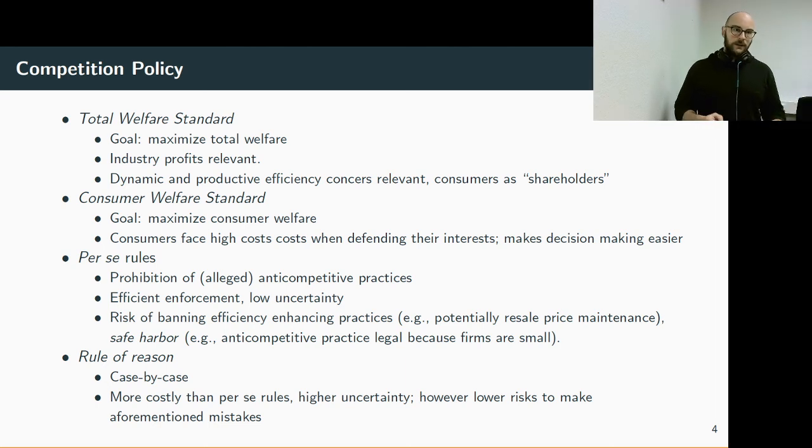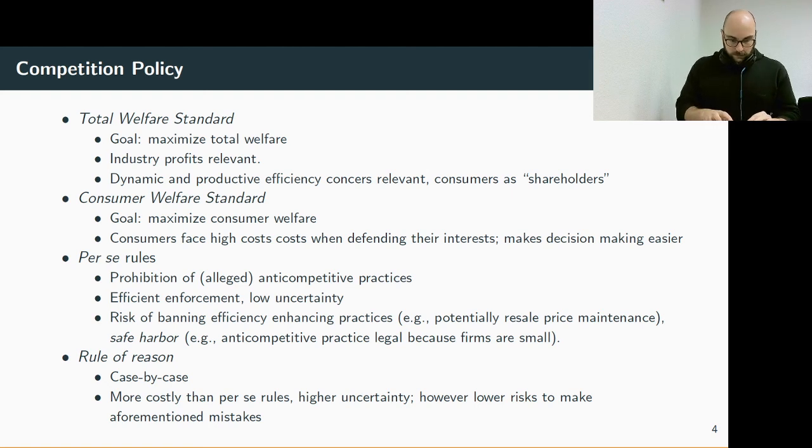So let's move together and say we both charge a price of €4.50 or something, right?" As competition economists, we know that this is basically just collusion, but it's safe harbor because they are too small, right? And if you have per se rules like that, you create such safe harbors, right?